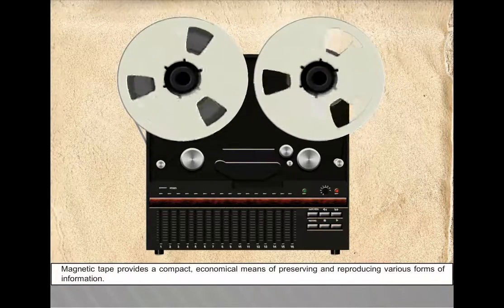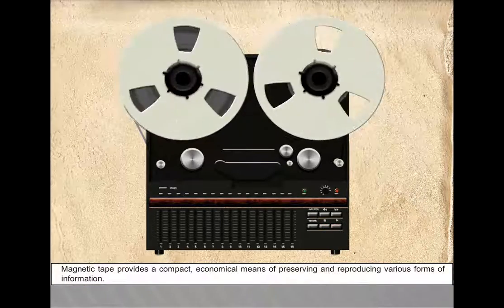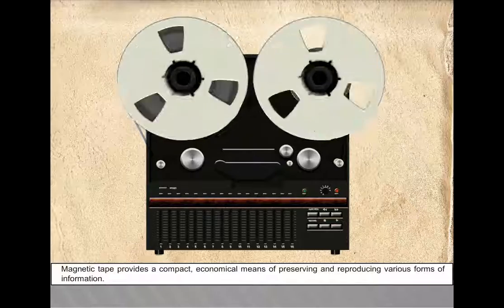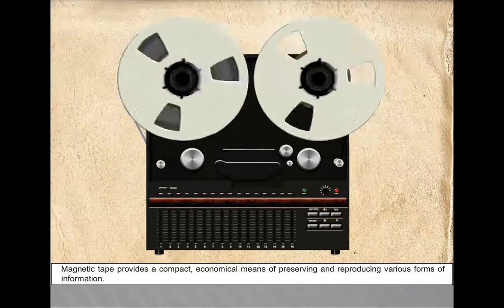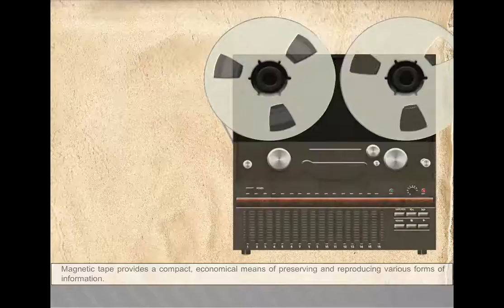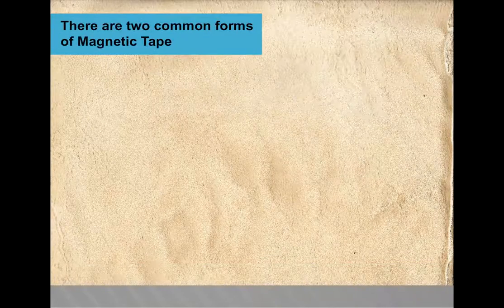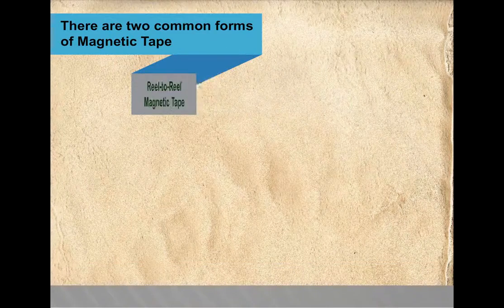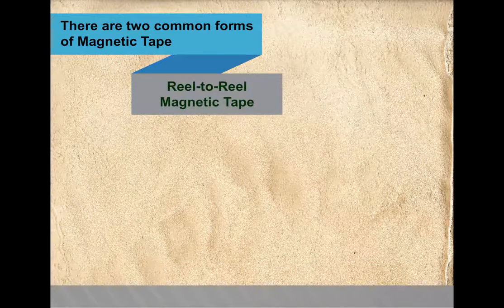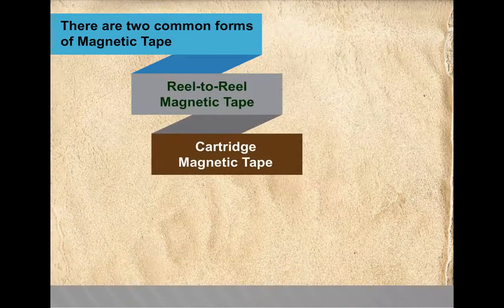Magnetic tape provides a compact, economical means of preserving and reproducing various forms of information. There are two common forms of magnetic tape: reel-to-reel magnetic tape and cartridge magnetic tape.